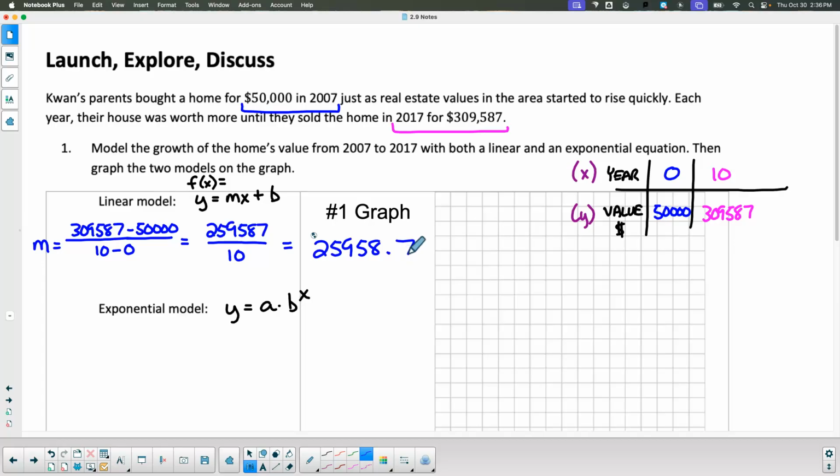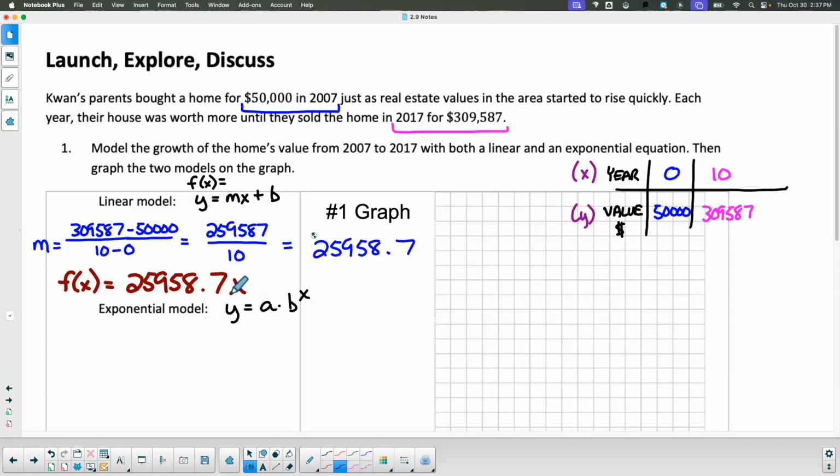Agree with me that the slope is 25,958.7. Okay. So my equation is going to start: f of x is going to equal 25,958.7 x.